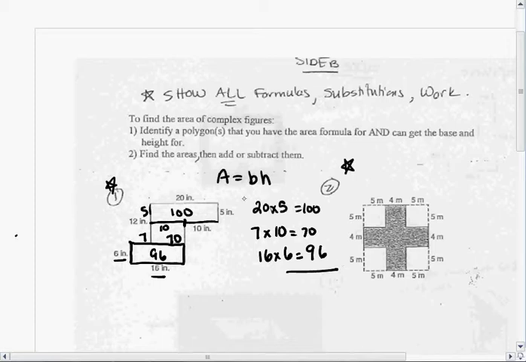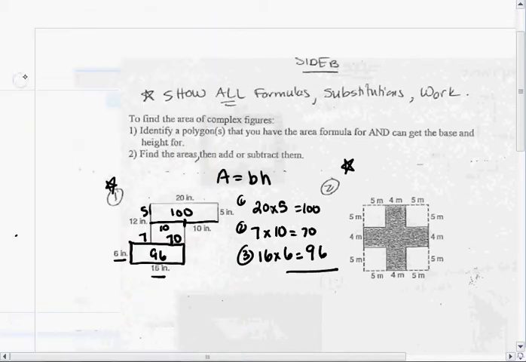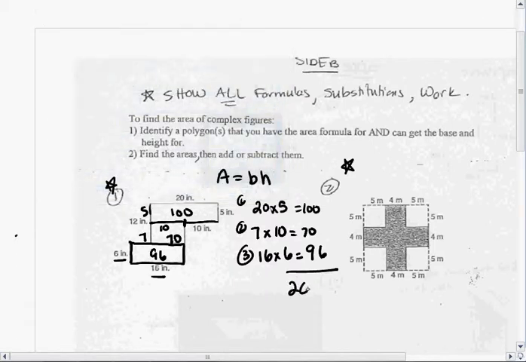The first rectangle, the second rectangle, and the third rectangle's area. All together, how much is that? So 100 plus 70 plus 96, 266 altogether. And I need to include units in my answer, so that'll be inches squared. 266 inches squared.